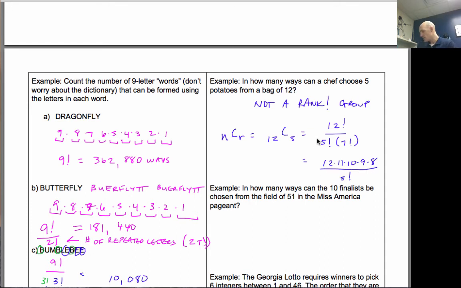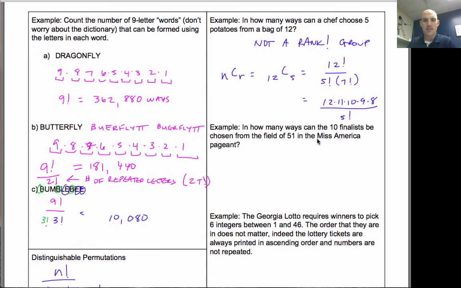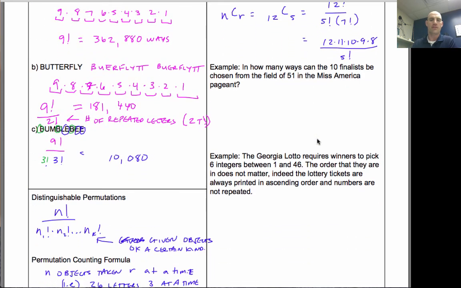Okay? And that's the way that I'm going to do that. But the hardest part of this one is distinguishing exactly what in the world I'm going to be using. And so that's a combination formula.